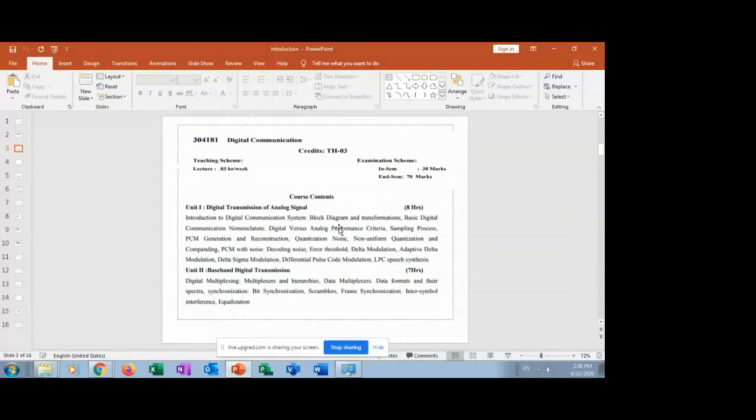These three blocks, or processes, we will study in unit number 1: analog to discrete, then discrete to digital, and how to transmit that digital information in binary form. Serial parallel conversion is there. The topics you mainly have to study in unit 1 are sampling, quantizing, and encoding. Those are the basic points you have to understand. That is digital transmission of analog signal.